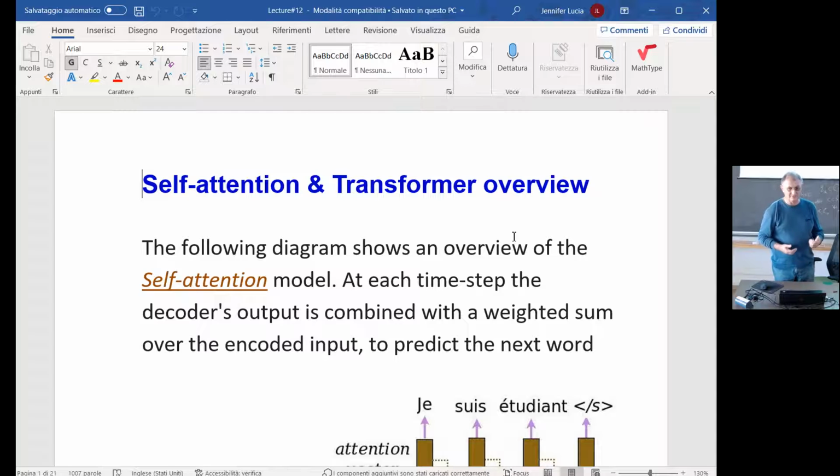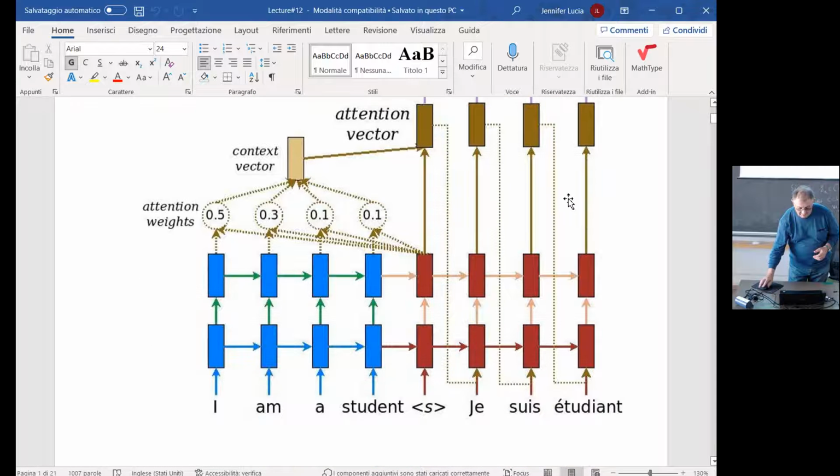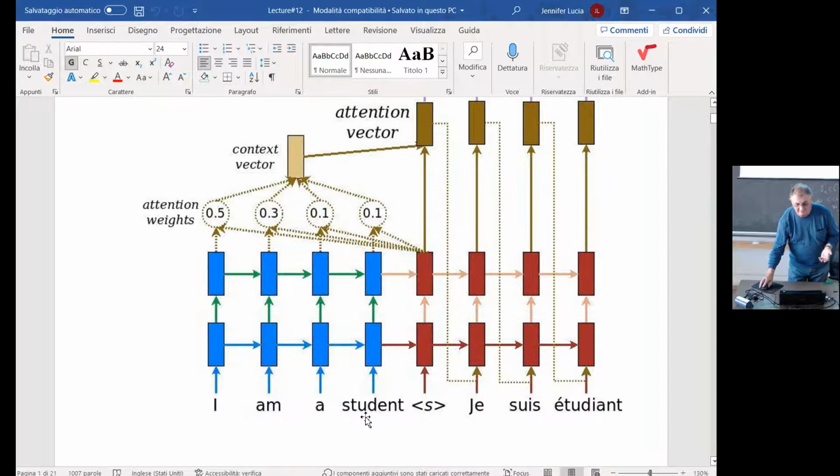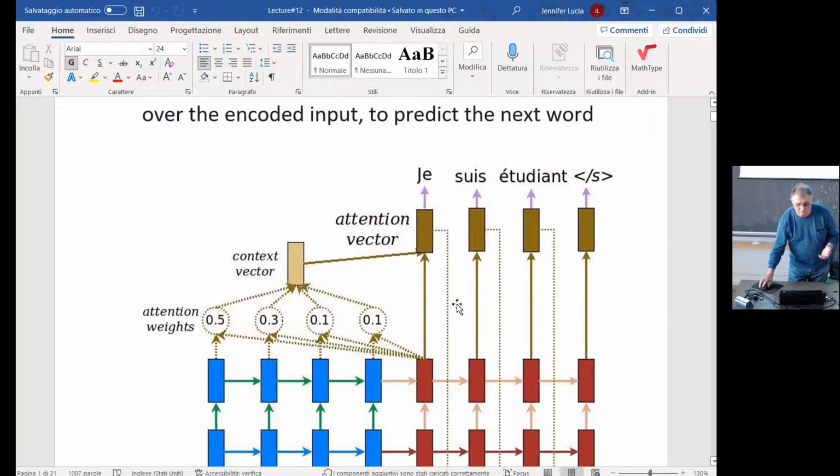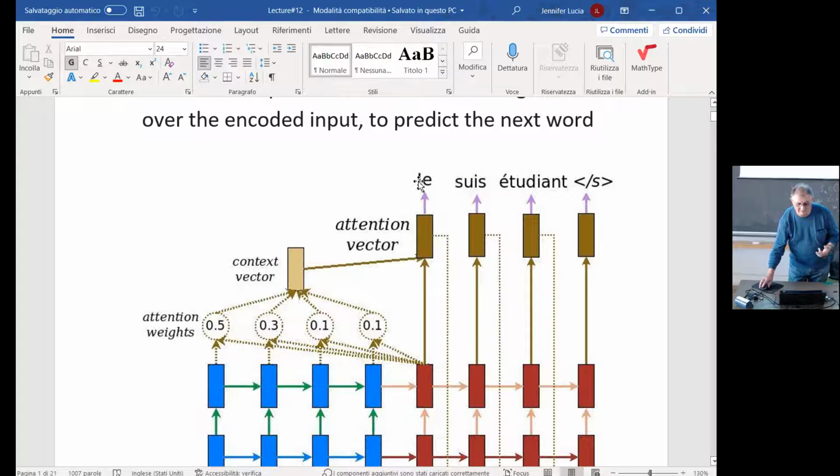What is self-attention in automatic translation? Self-attention in automatic translation is the following thing. When we have some sentence, for example, "I am a student," and you need to translate it into French, for example, "je suis étudiant."